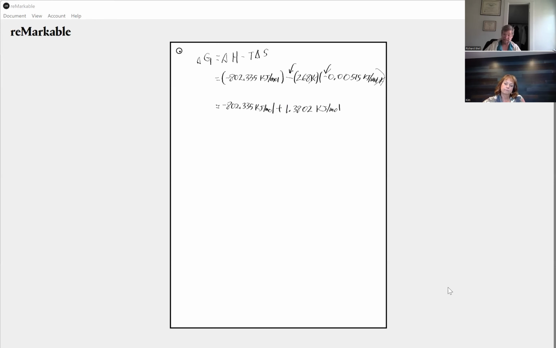So the tax to make this reaction occur means we have to take 1.3802 kilojoules per mole out of the energy that we're getting from the enthalpy.